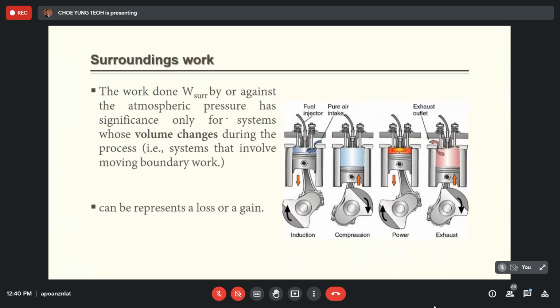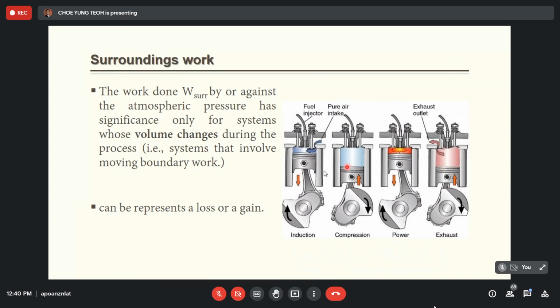The work done by the surrounding, or against atmospheric pressure, is significant only for systems which have a volume change during the process. For example, systems that involve moving boundary work, which is a piston cylinder. You can see in the figure at the right hand side, this is a piston in our car engine.